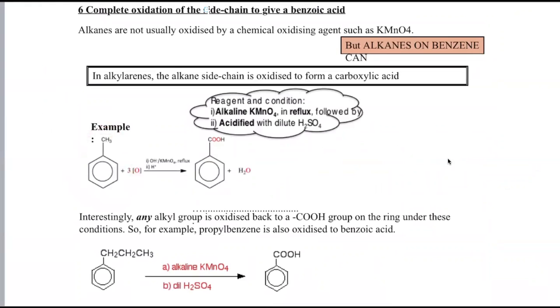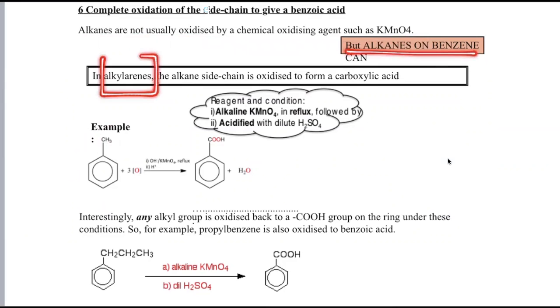However, when you have an alkane attached to a benzene, so that means it's an alkyl arene or alkyl benzene, this CH3 group can be oxidized to carboxylic acid. Okay, so I'll talk about that first. Alkanes are not usually oxidized by a chemical oxidizing agent such as potassium manganate or potassium dichromate. Okay, but alkanes on benzene can, right?